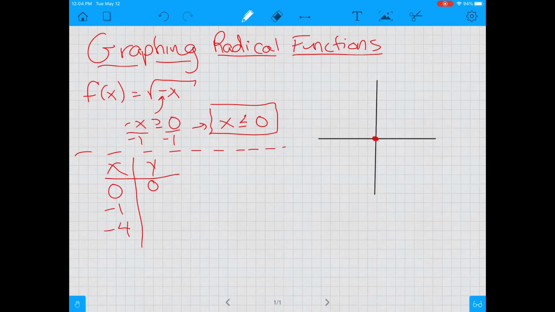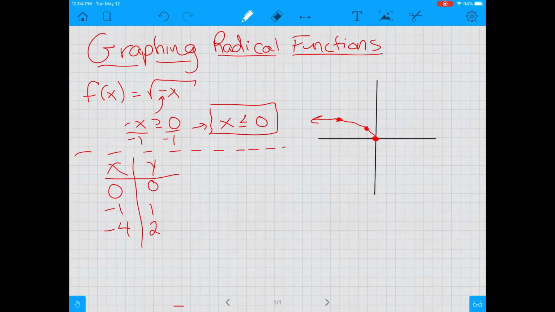Well, -1, plug that in, the negative cancels out, I get the square root of 1, that's 1. So I get -1, 1. And then -4, negative cancels out, square root of 4 is 2. So I go over here, -4, 2. And all of a sudden, this thing looks like that.